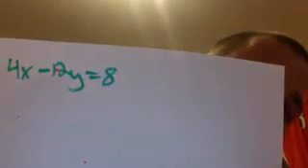First one, combine your like terms. When you combine negative 2x and 6x, you get 4x. So we get 4x minus 12y equals 8. What you do after this point is up to you. A lot of people will divide everything by 4. I like to go the standard way and just add 12y to both sides. I'm actually going to write out my steps here because I know it helps to see the steps, since it's not as numerical.